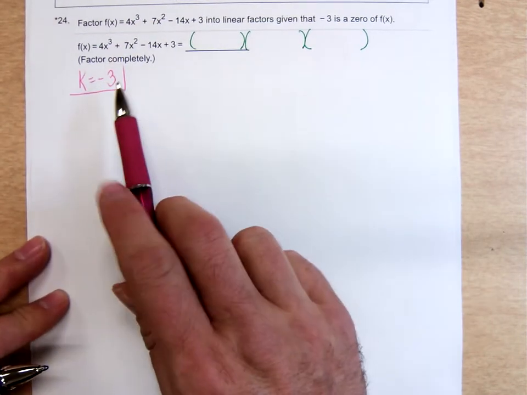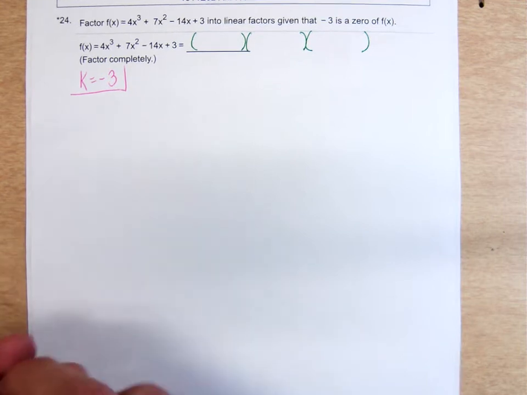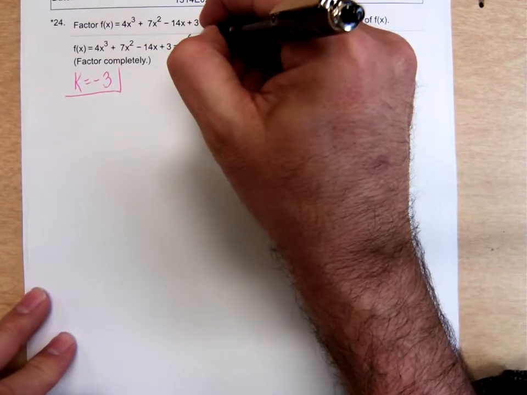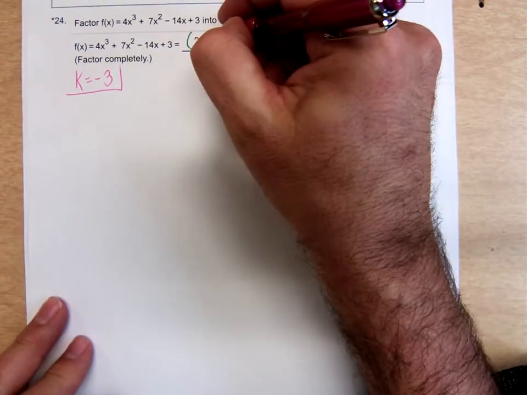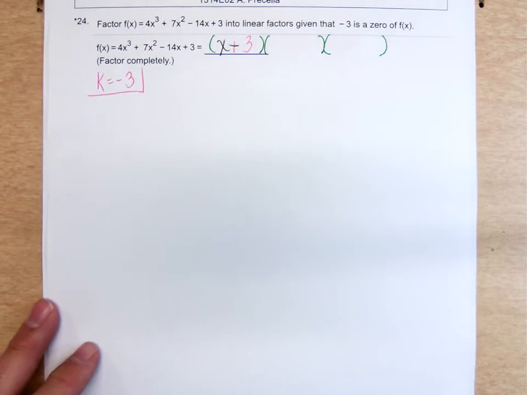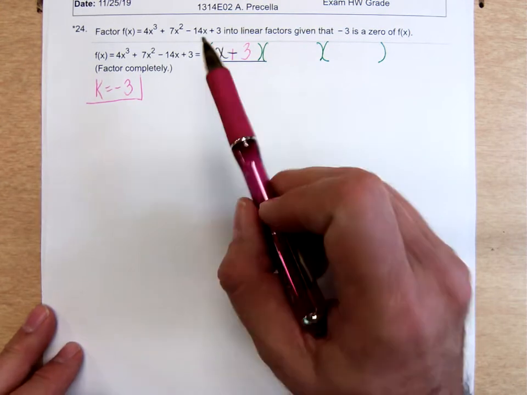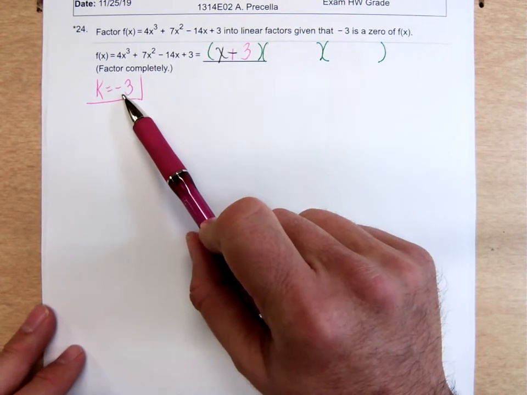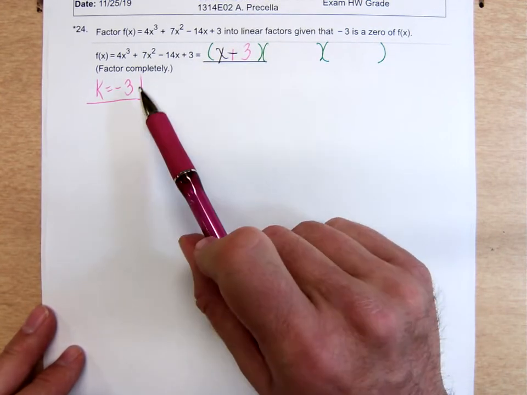The 0 that's given, that's the number we'll use for k. So write off x minus k. So you'll see why I put a plus there. X minus a -3, so x plus 3. Notice when you're going from just k equals to x, the signs on the number are changing.